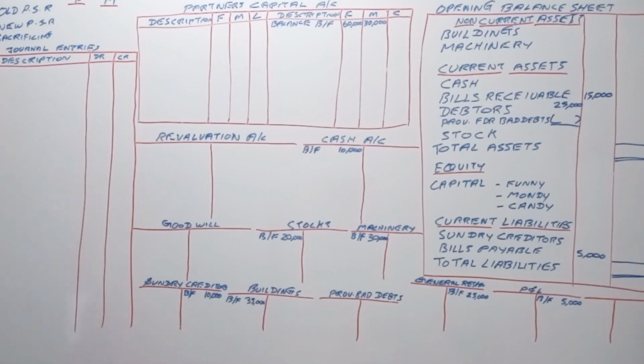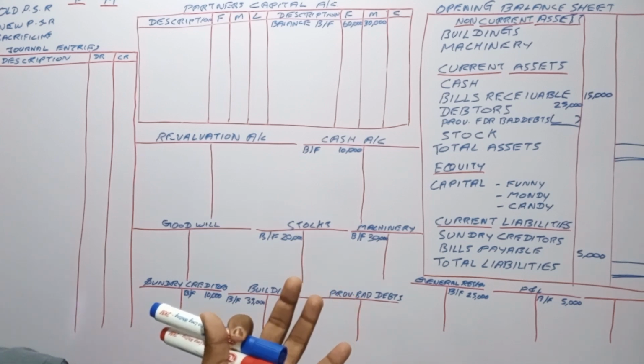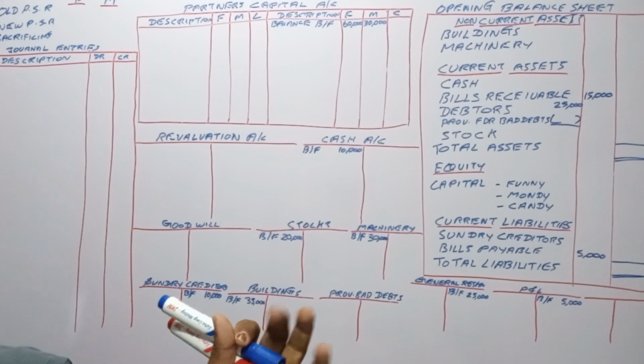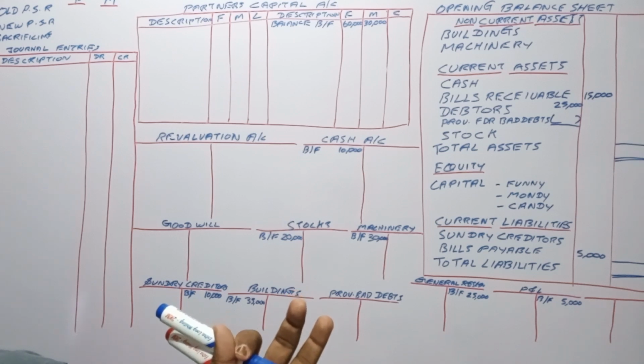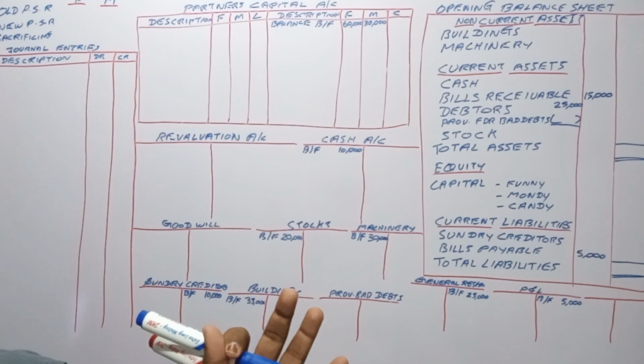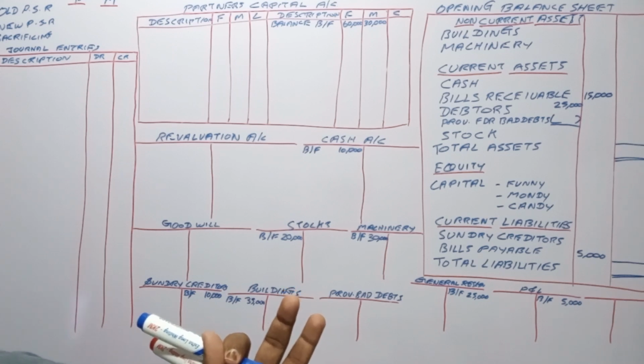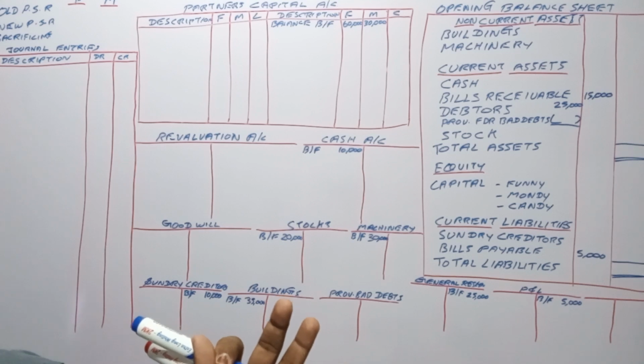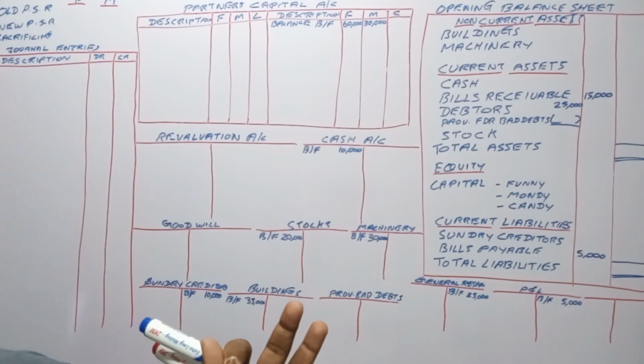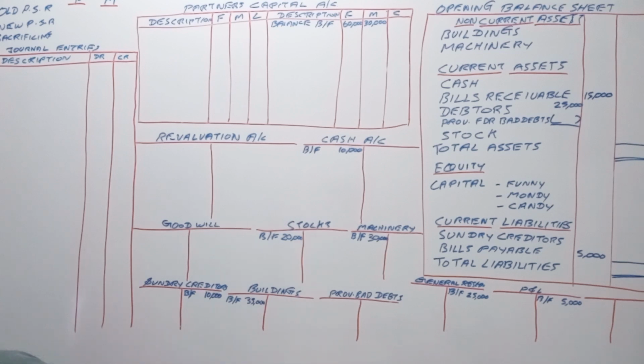Their balance sheet as on 31st March 2020 was as follows: buildings 35,000, machinery 30,000, cash 10,000, bills receivable 15,000, debtors 25,000, stock 20,000. Capital: Fanny 60,000, Mundi 30,000, sundry creditors 10,000, bills payable 5,000, general reserve 25,000, profit and loss account 5,000, total 45,000.